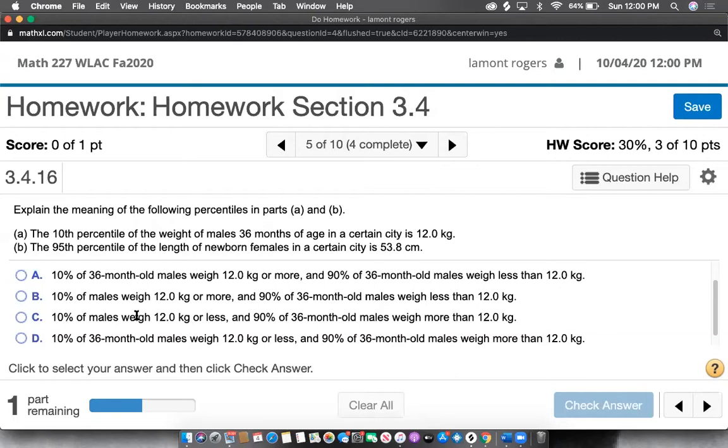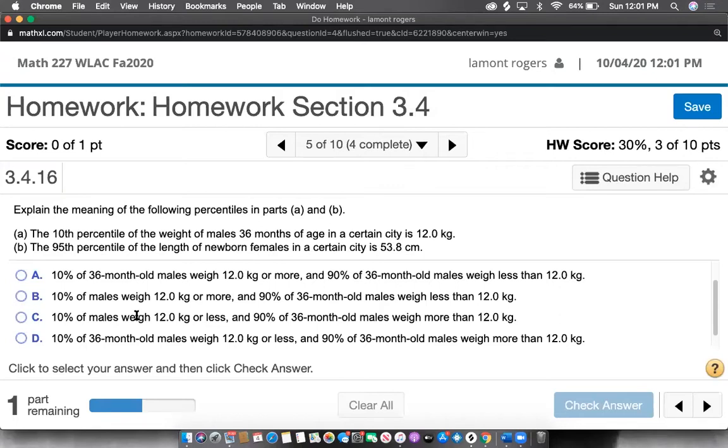Because in part C, they're just saying all males, but it's really only 36-month-old males. So that was tricky. They're trying to trick you on the difference between C and D, because C and D are really saying the same thing, except that D is more specific on who they're talking about. So that's why the answer is D.